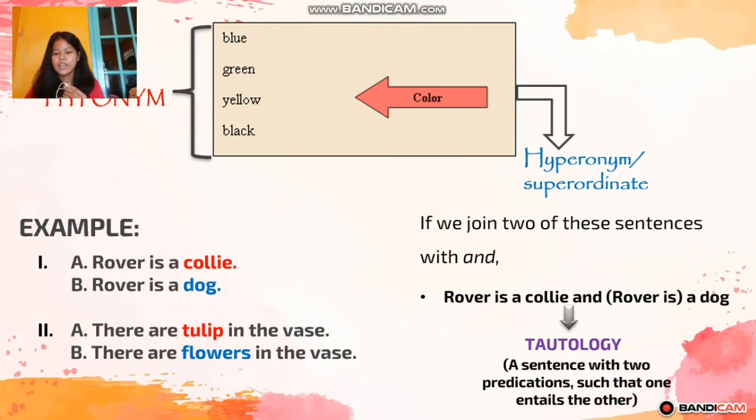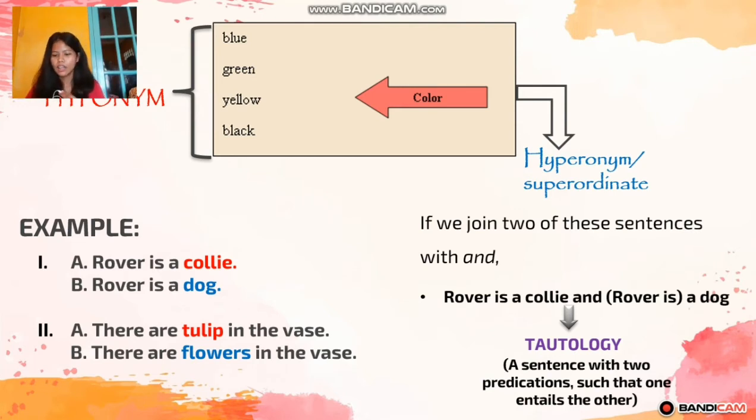We note that the denotation of the hyponym is included in the denotation of the superordinate, like the set of all collies is included in the set of all dogs. But the meaning of the superordinate is included in the meaning of the hyponym, like the characteristic of being a dog is part of the characteristic of being a collie.